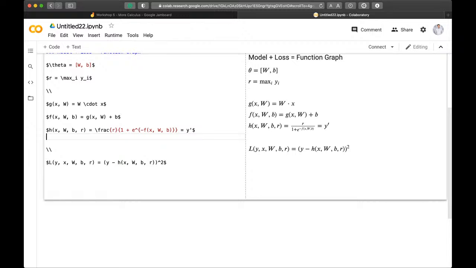So you're trying to predict y prime, and now the tricky part is that over h, our model, we need to add the loss function, the last layer, which is actually not part of the prediction.